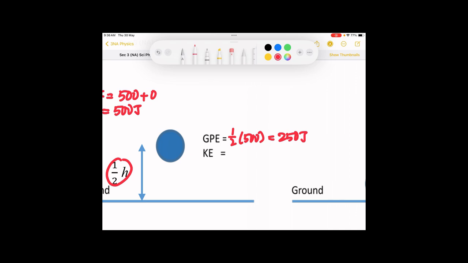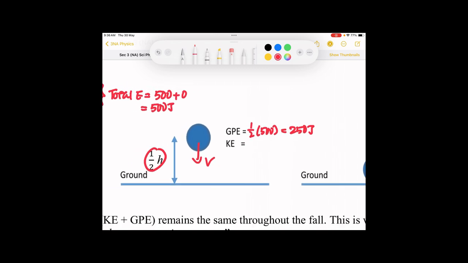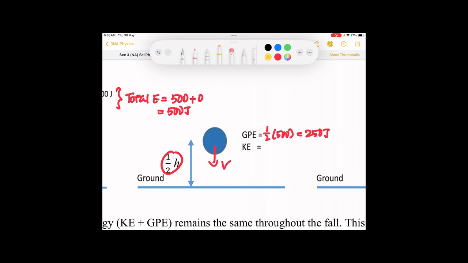Now, because it has fallen a certain height already, it now has a certain speed, which means the KE is no longer 0. But how much is it now? We are not given information about the speed, so we cannot use half mv squared to calculate. Rather, we should use energy conservation to know that the total energy in the system remains the same.